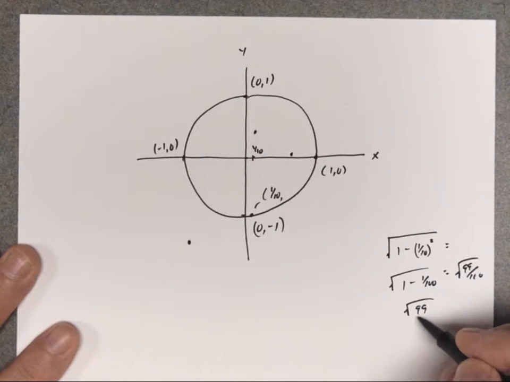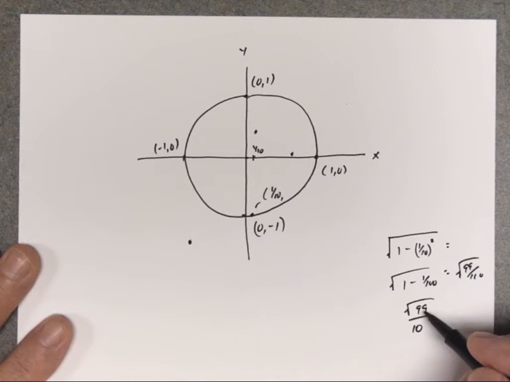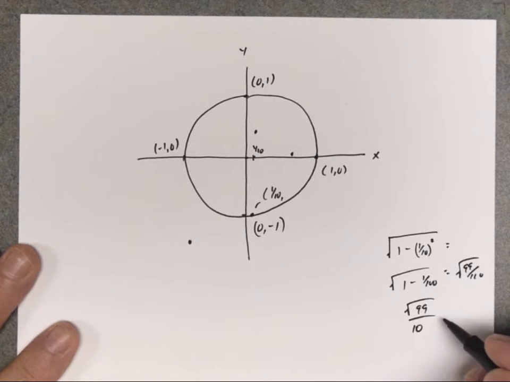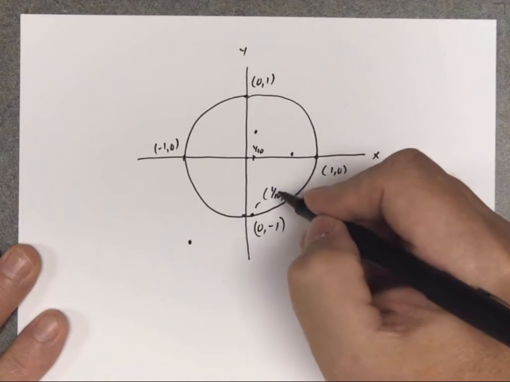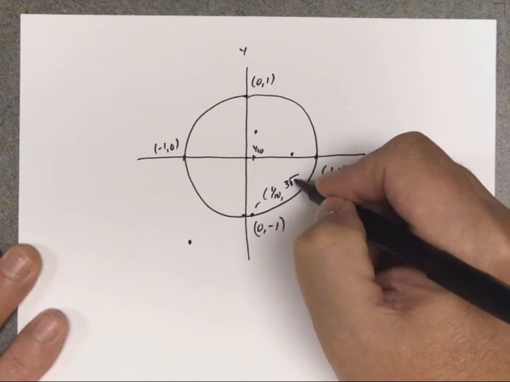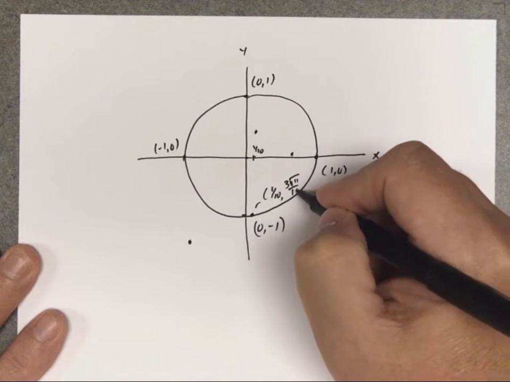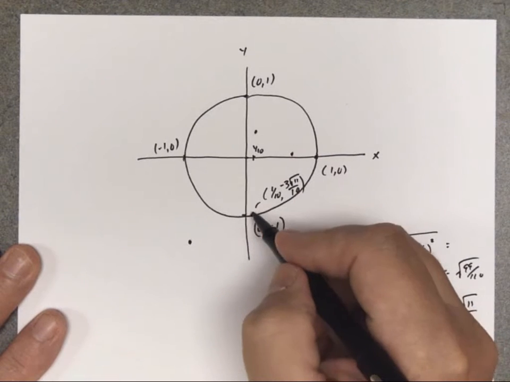It's like square root of 99 over 10, which is 3 square root of 11 over 10. Wow, that's crazy. So the y value of this point is pretty ugly. But of course, it's negative, since the y is negative.